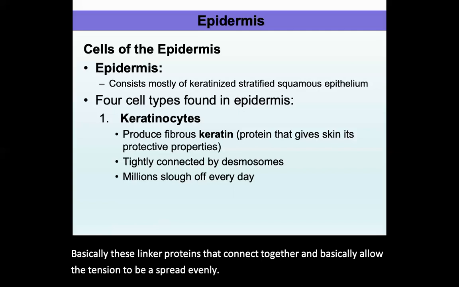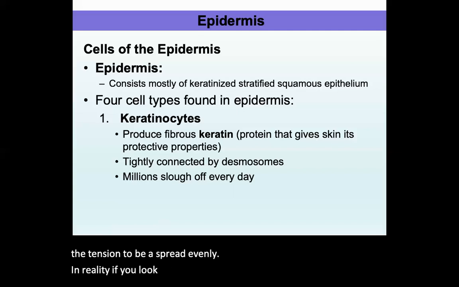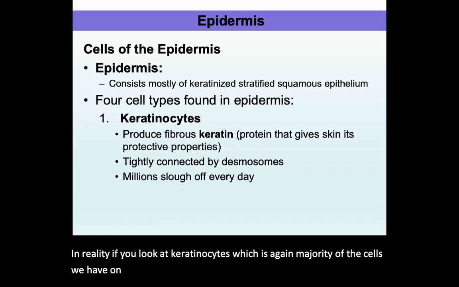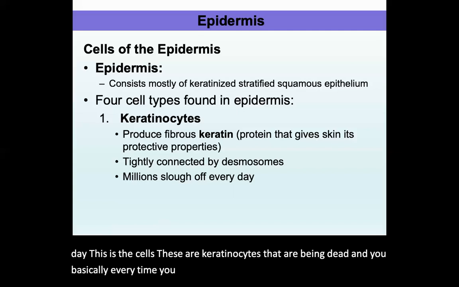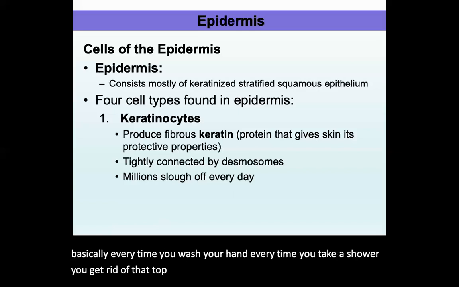Now, in reality, if you look at keratinocytes, which are again the majority of the cells we have on the epidermal layer, you actually lose millions of these cells every day. These are keratinocytes that are dead, and every time you wash your hands, every time you take a shower, you get rid of that top layer of the skin, which is simply dead keratinocytes.